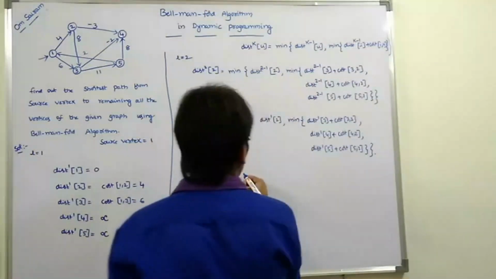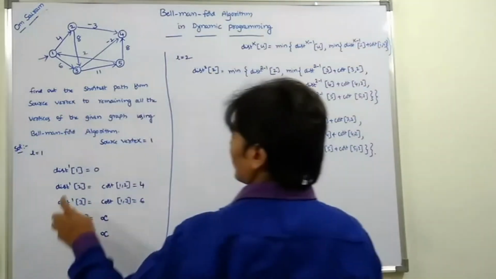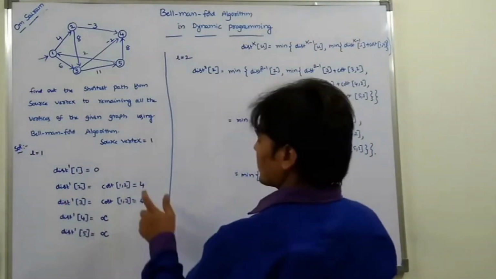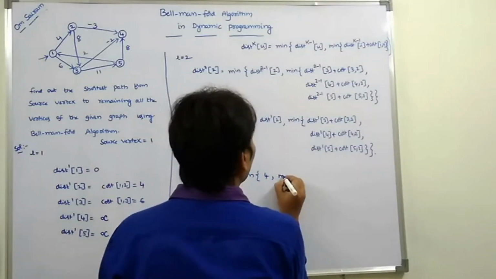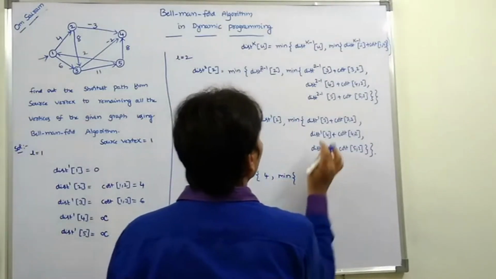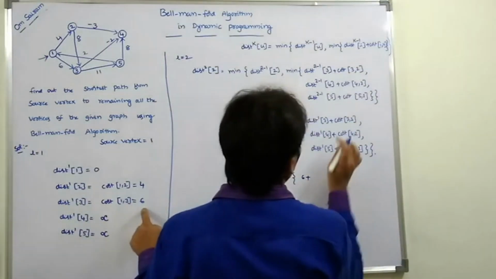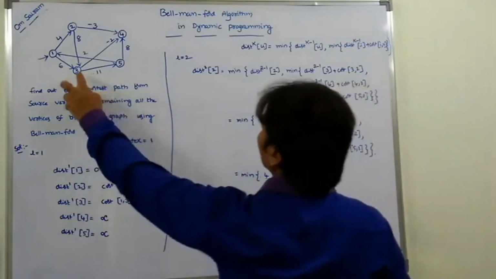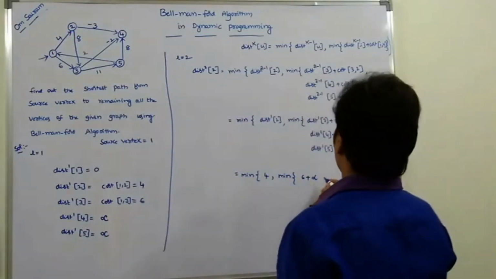So then minimum of dist1 of 2 is nothing but 4, comma, minimum of dist1 of 3 is 6 plus cost of 3 comma 2. Cost of 3 comma 2 is, it is not there, it is infinity.